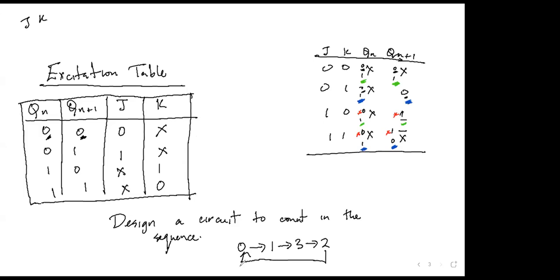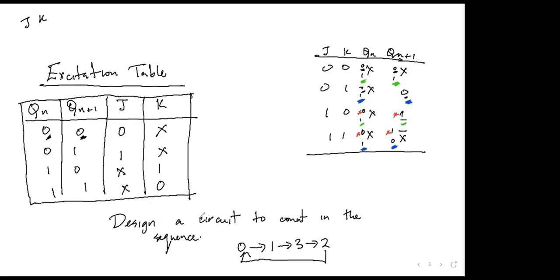First thing, we're going to write down the binary equivalent. So 0 is 00, 1 is 01, 3 is 11, and 2 is 10. These are the binary values for each of these numbers.